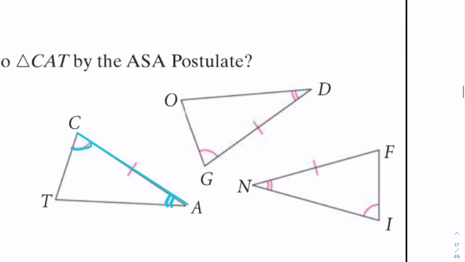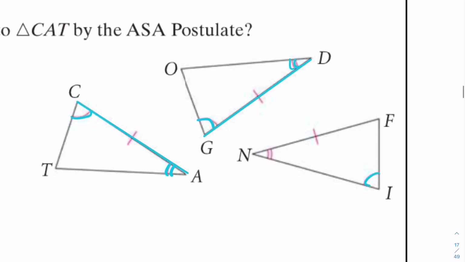So let's look at these. Here's your angle, here's your side, and here's your angle. And then here's your angle, your side, and your angle. Look at that. That doesn't match up. So this one is angle side angle in order.